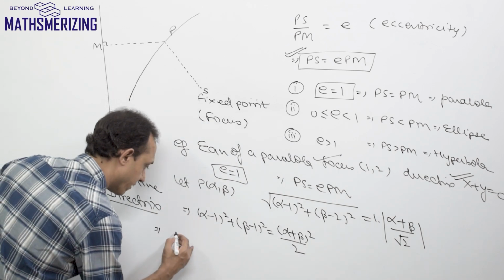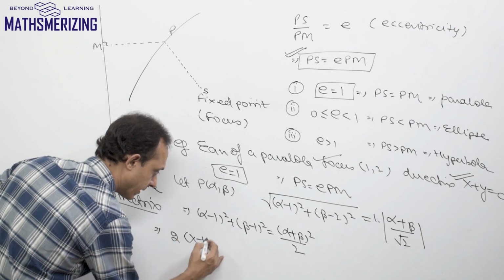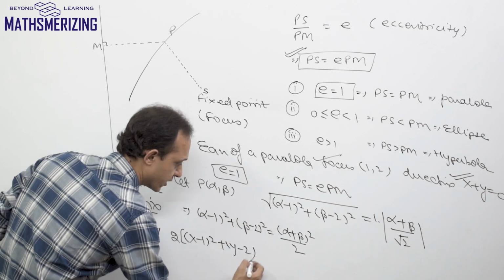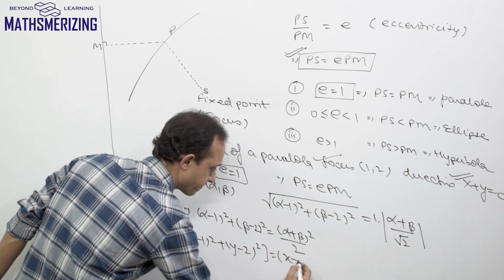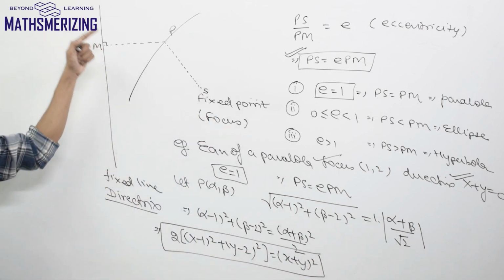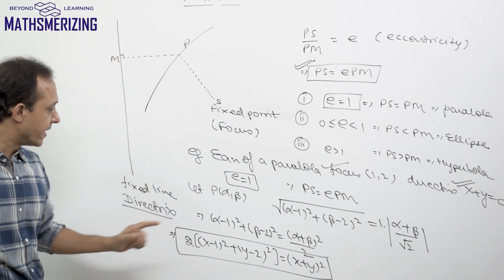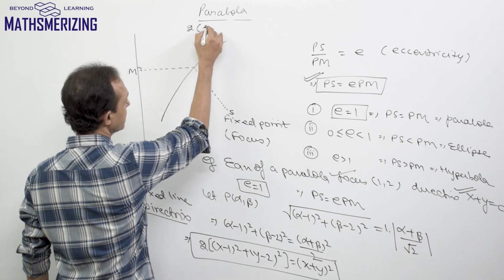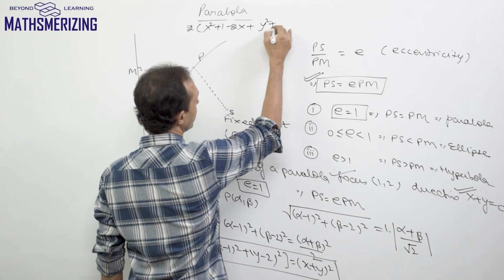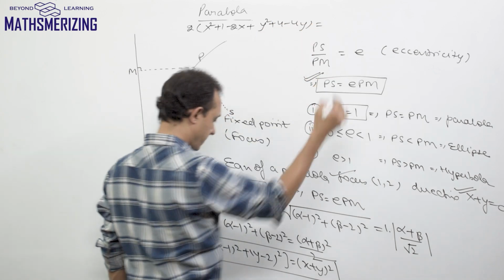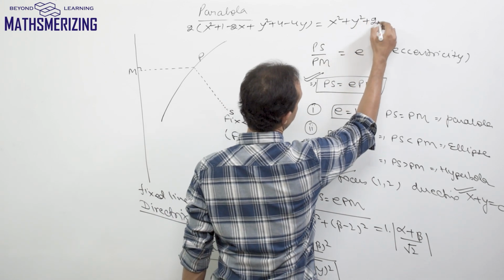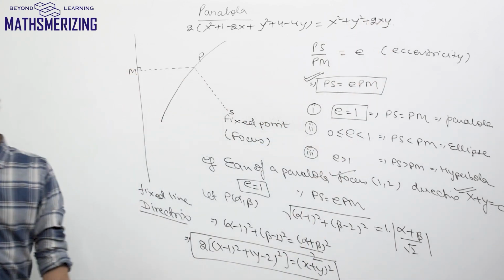So the equation of this parabola will be 2 times (x minus 1) whole square plus (y minus 2) whole square, equals (x plus y) whole square. So that is the standard equation of this parabola. We can simplify it also. I can write it as 2 times (x square plus 1 minus 2x plus y square plus 4 minus 4y) equals x square plus y square plus 2xy.